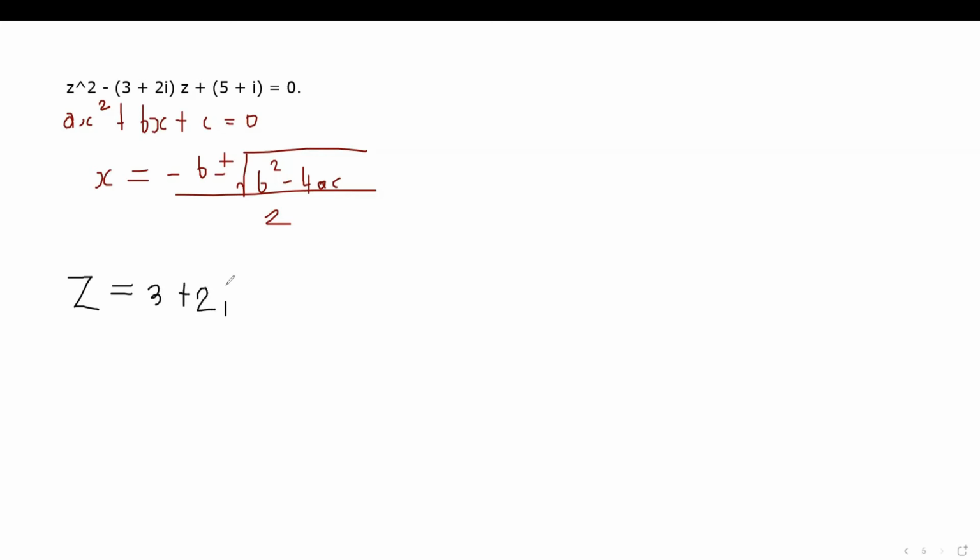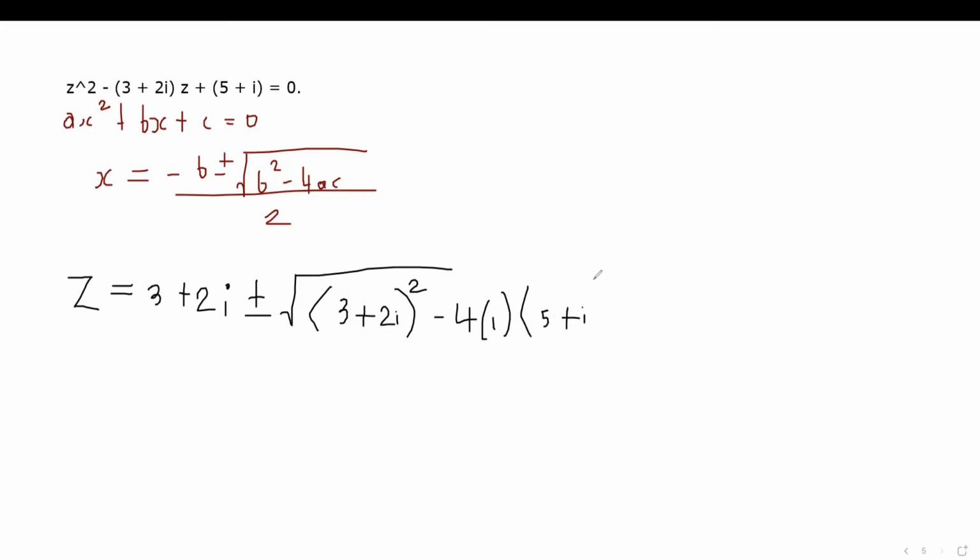So that's z equals 3 plus 2i, plus or minus the square root of b squared, which is (3 plus 2i) all squared, minus 4ac, minus 4 times a, which is 1, times c, which is 5 plus i, and all of that is being divided by 2 times a, where a is 1.